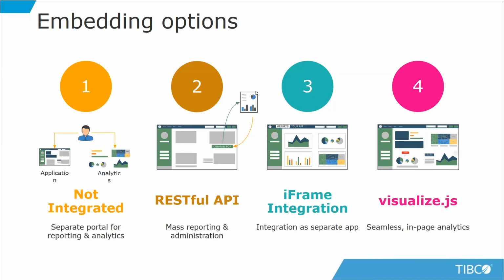Jaspersoft can do this, where you can generate a visualization and have it sit on the page, but it tends not to be interactive because it's just a snapshot. That's very useful if you just want data to feed into your app, but not terribly useful for visualizations.